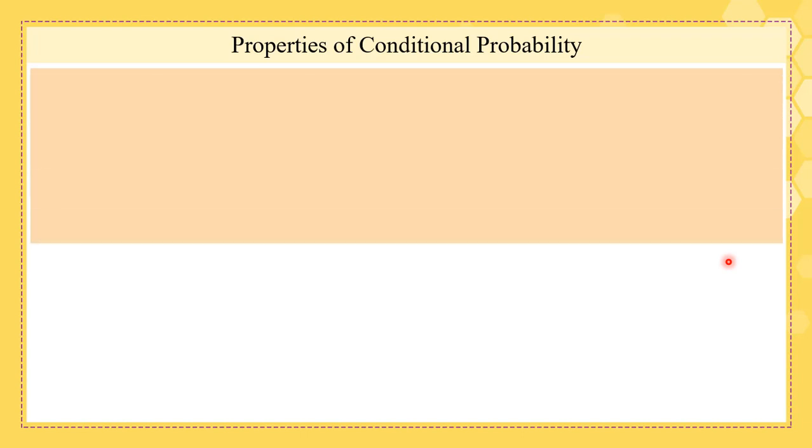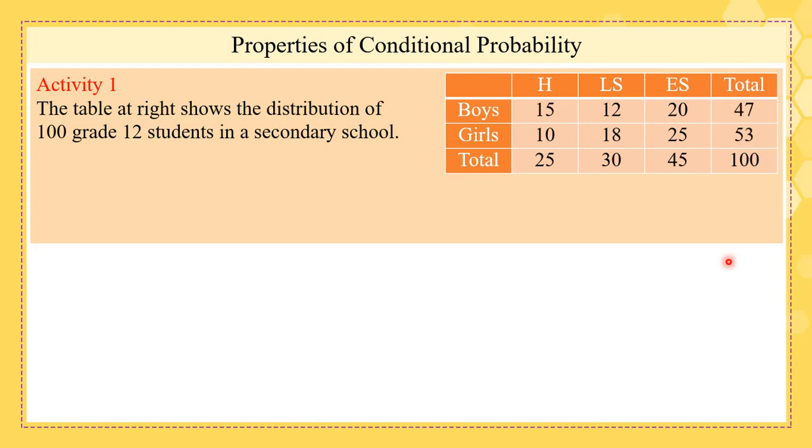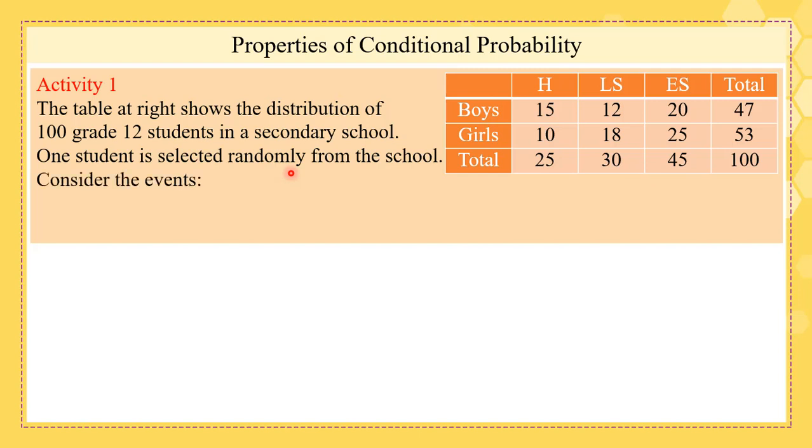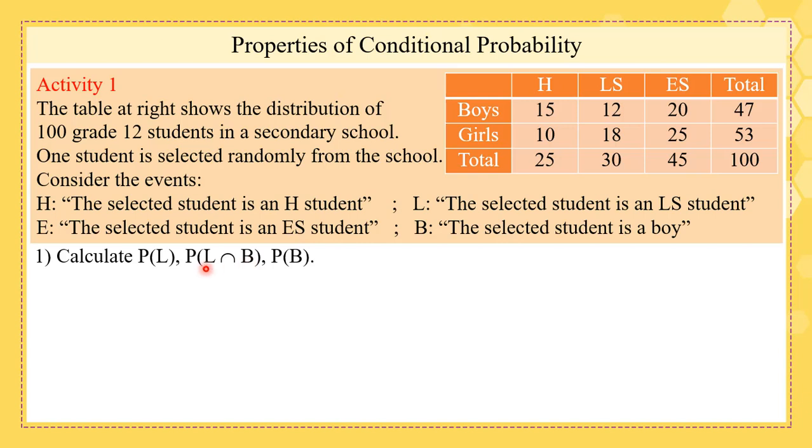Now let's see some properties about the conditional probability. Let's begin with this activity. We go back to this table. One student is selected randomly. Consider the events. We have the same events. Now calculate P of L. Let's see, the selected student is in the LS section.